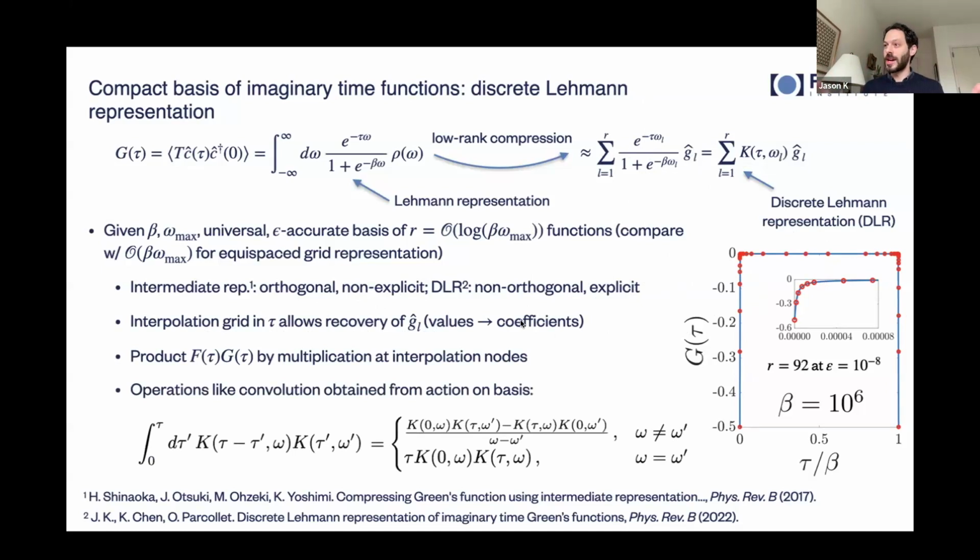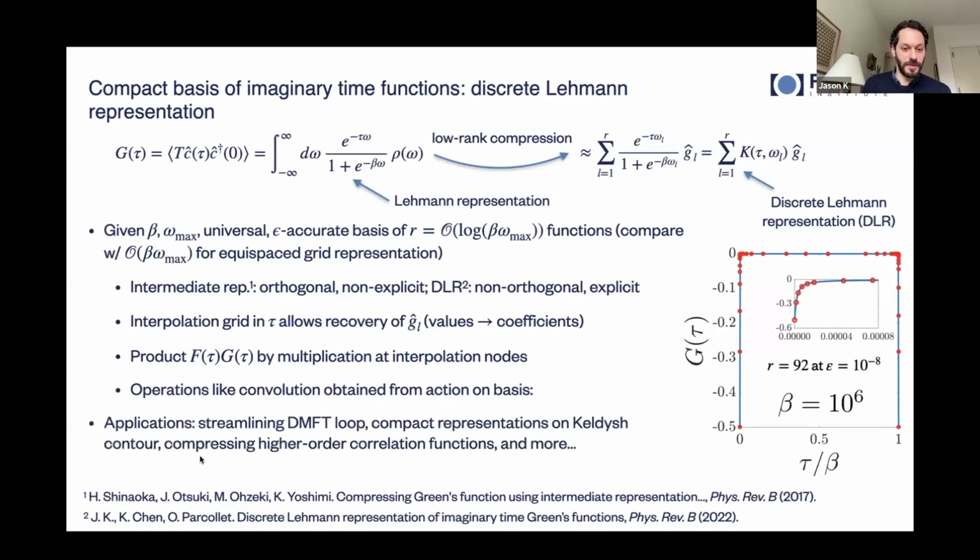And if we want to do operations, for example, later in the talk we're going to need convolution up to time tau, we can just plug in our basis functions, which are exponentials, get a formula for the convolution of the basis functions, and that gives us essentially a formula for the convolution, which we can figure out how to implement efficiently. So this is just an example.